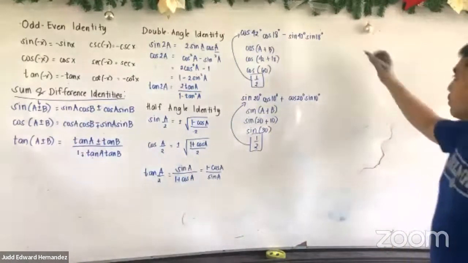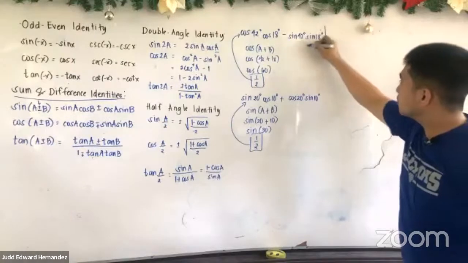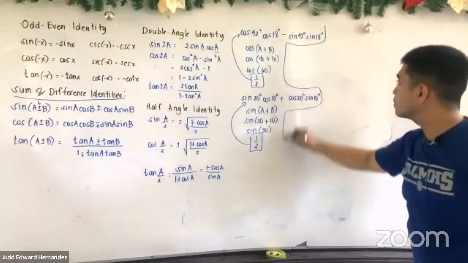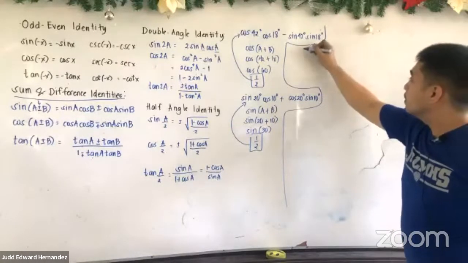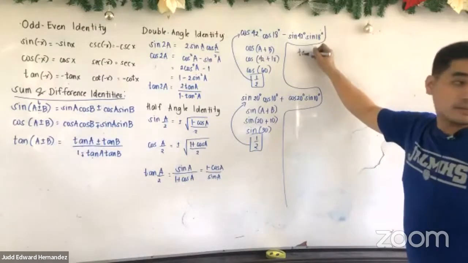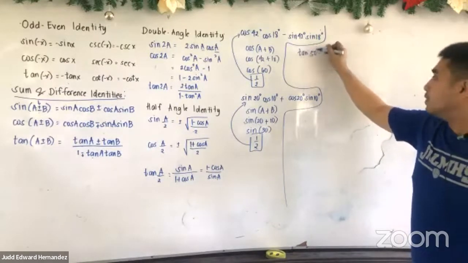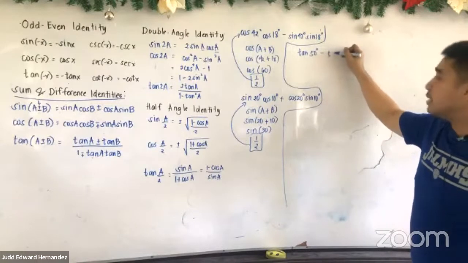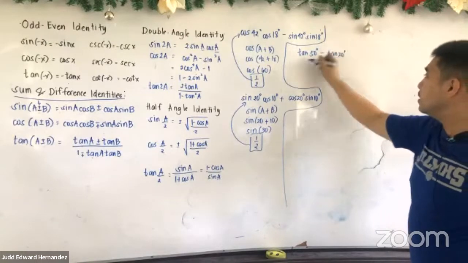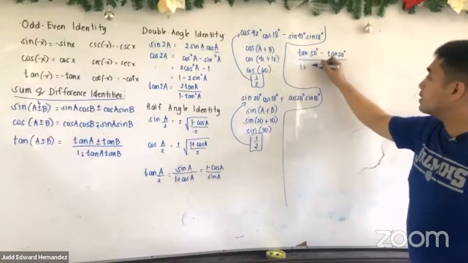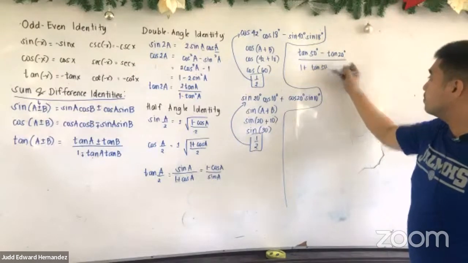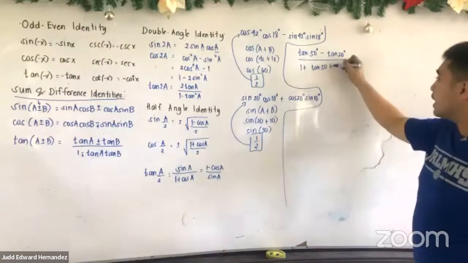What if you are now given tangent 50 degrees minus tangent 20 degrees over 1 plus tan 50 tan 20.